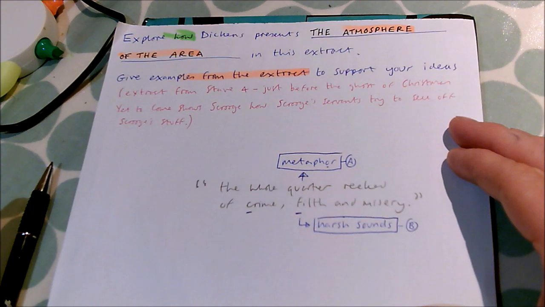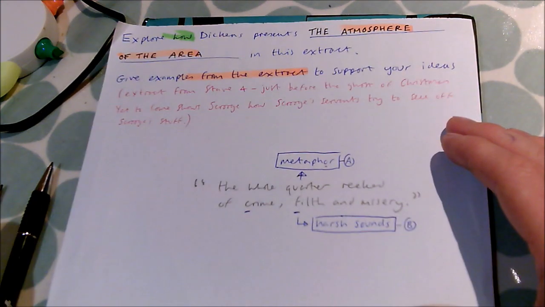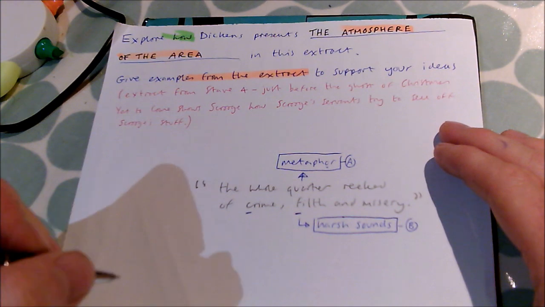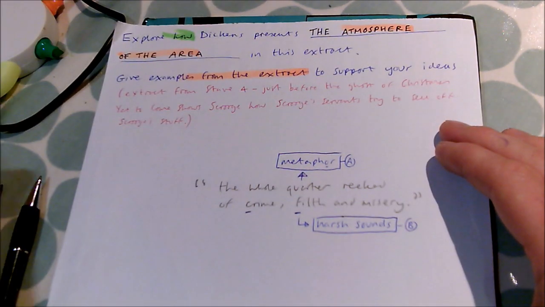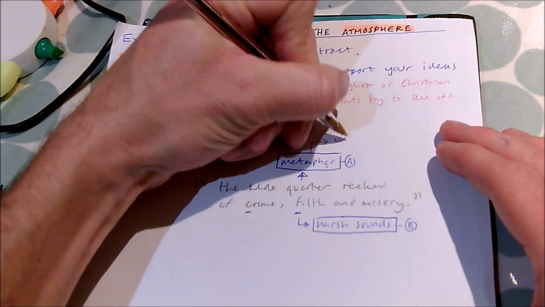Let's think about now what that effect is. How is that presenting the atmosphere of the area? Right, so let's loop them. First of all, I think we can say it's not a great PR job for London, is it? It's emphasising, let's do it in a nice different colour, just how unpleasant the area is.